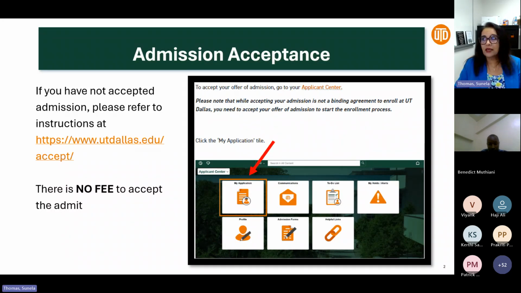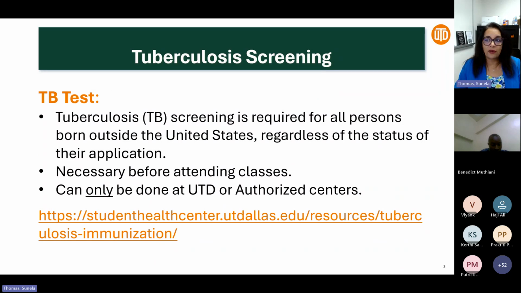So the first thing is, as a requirement, a TB test is required and it is necessary before you attend the first day of class. So I'm always going to recommend that you be on campus a couple of days before that, the previous week. The classes start January 21st, and you have a mandatory orientation that you have to attend, not only for the program, but also for international student services.